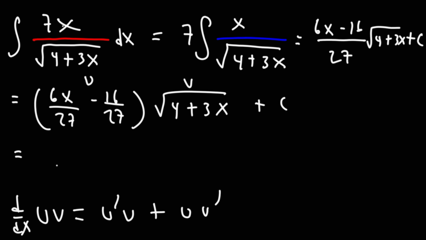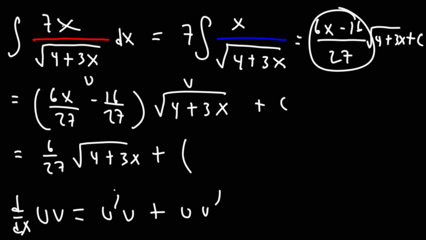So let's think of this as u and v. The derivative of u, this whole thing, is just going to be 6 over 27. This is a constant, so that's going to disappear. And then we're going to write v. V is the square root of 4 plus 3x. And then plus u. We could leave u like this. It might be better to do that. 6x minus 16 over 27.